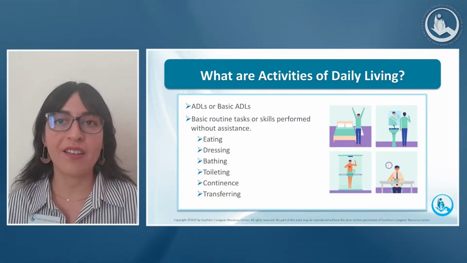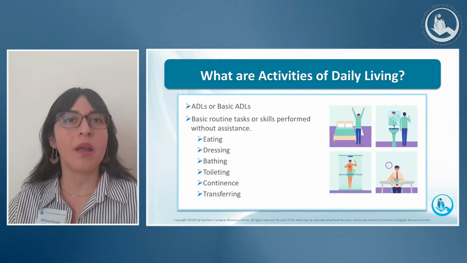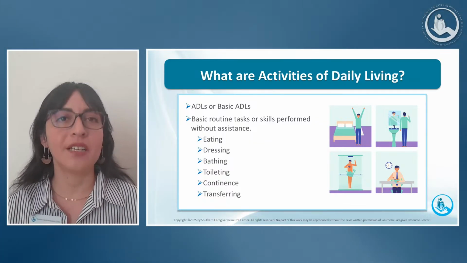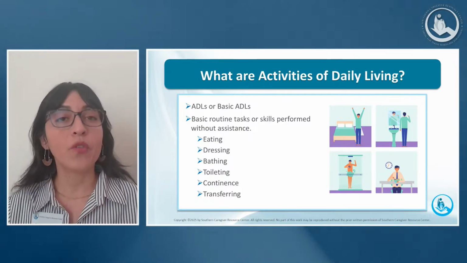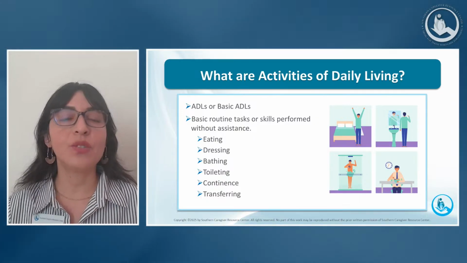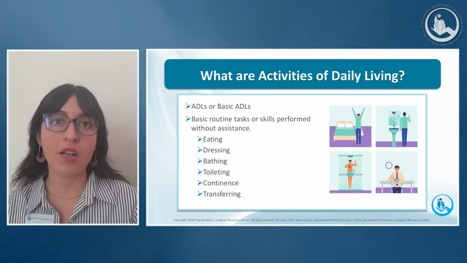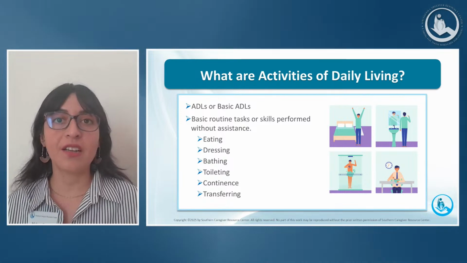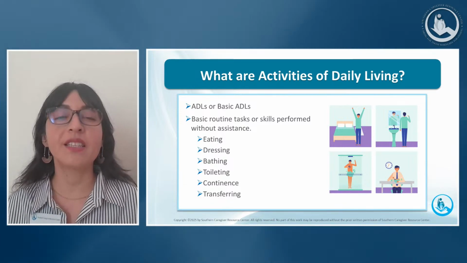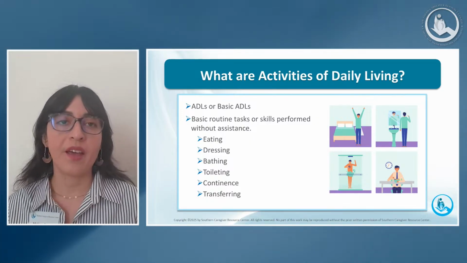And this is depending on the situation and each individual. But that's just kind of what goes on behind the ability to feed oneself. Or for example, dressing. Dressing is the ability to select appropriate clothes and to put them on. So it's not just necessarily putting on clothes, it's the ability to select appropriate clothes.